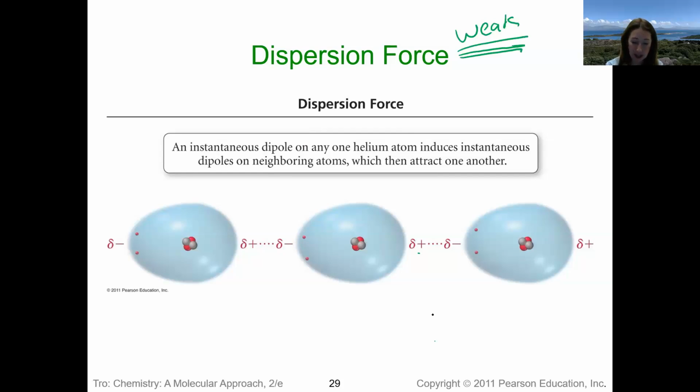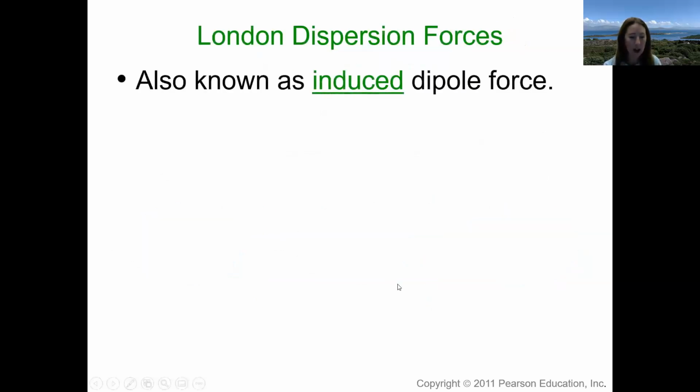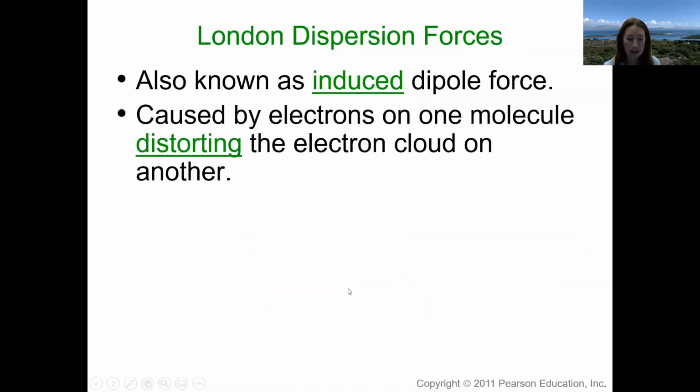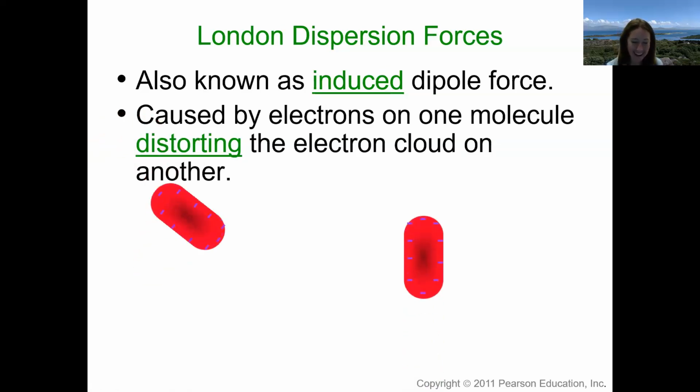Weak meaning super, super easy to break because they only last for a nanosecond. So again, we call these induced dipoles, and they're caused by electrons on one molecule distorting the electron cloud on another.